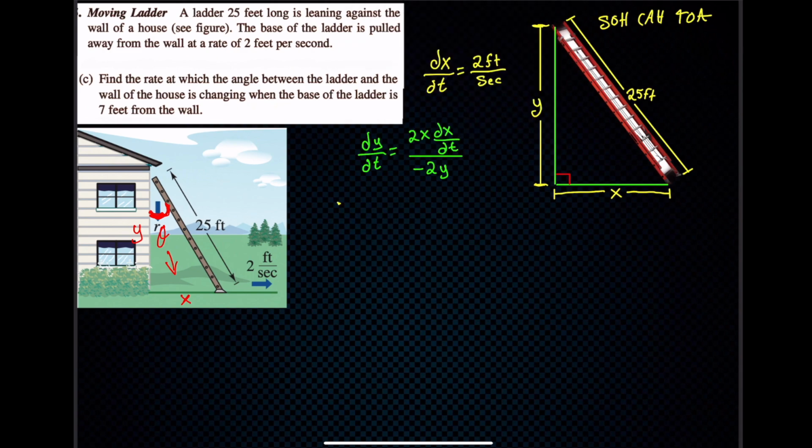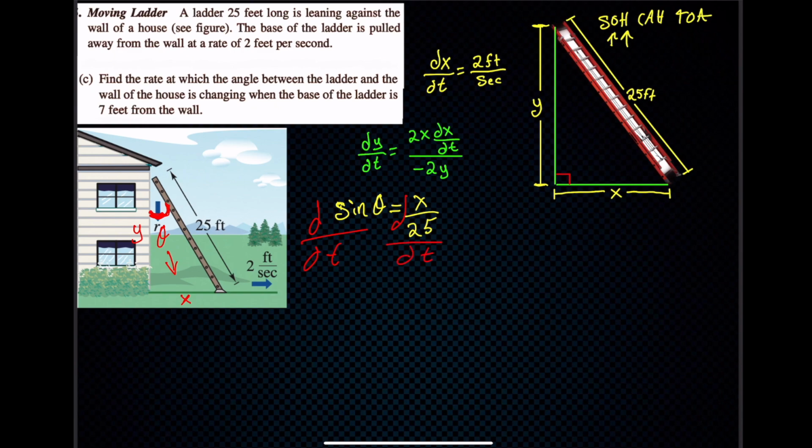So if we take the sine, we know that sine theta is equal to, as you can see, opposite, which is x, over hypotenuse. My hypotenuse is fixed, it's at 25, and I'm ready to take the derivative now. So if I take the derivative with respect to time of the left-hand side, I need to take the derivative with respect to time of the right-hand side.